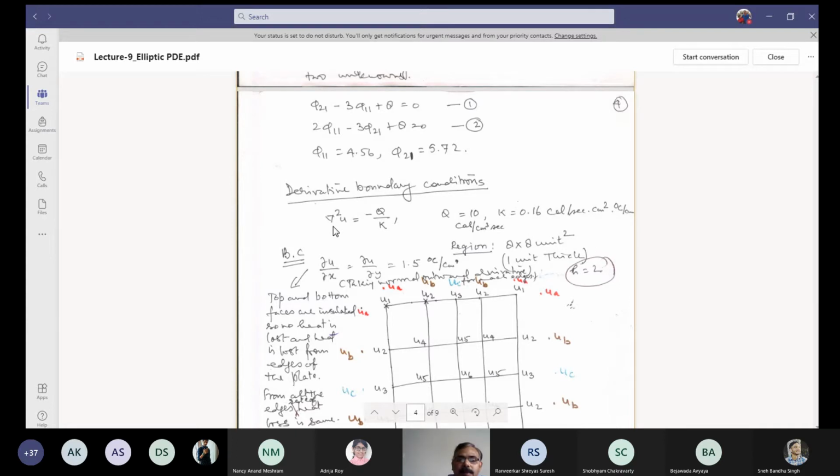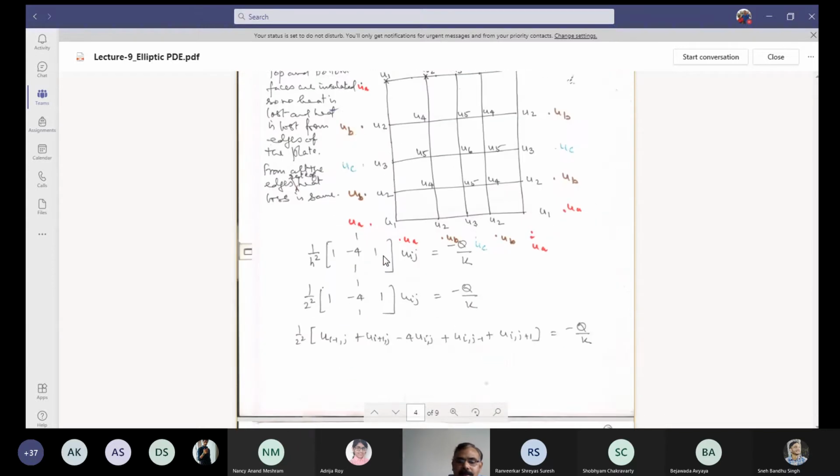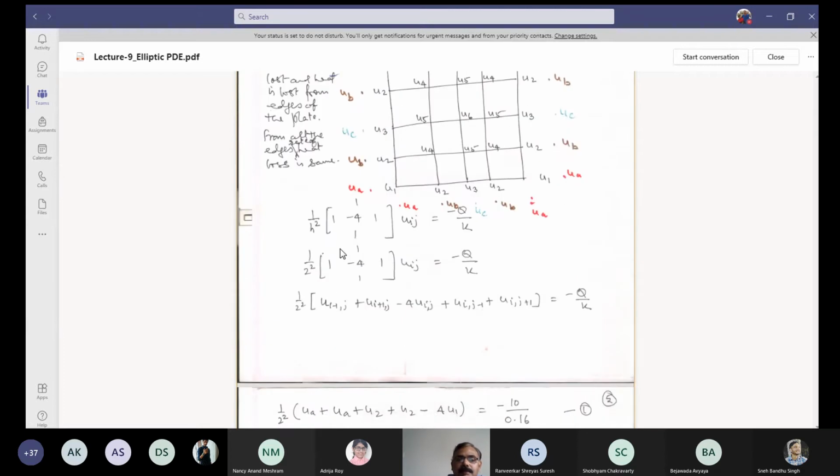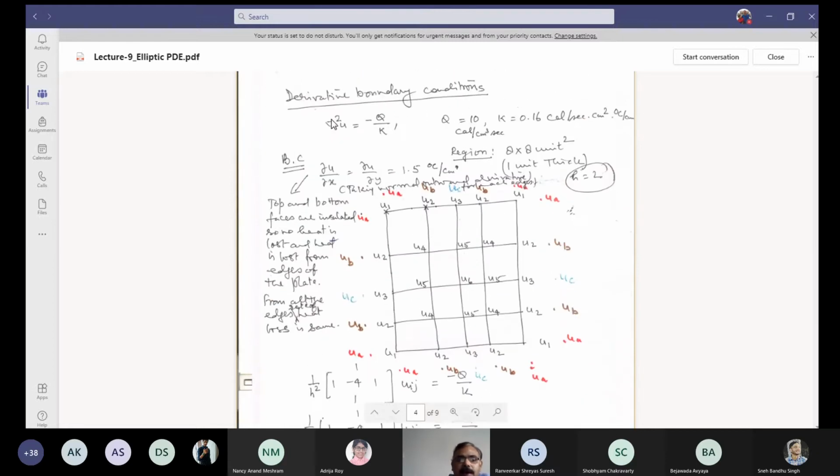So once you discretize at a general point, this will be written like this: minus 4, 1, 1, 1, 1, all over h square, u(i,j), equal to minus q by k, because the equation is del square u equal to minus q by k, and del square, that is your Laplacian, del 2u by del x square plus del 2u by del y square, equal to minus q by k. Is that right? Yes, sir.